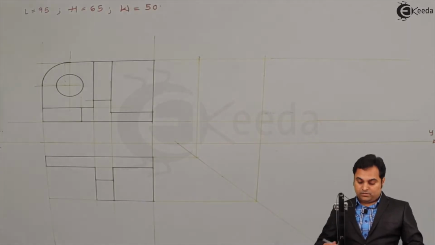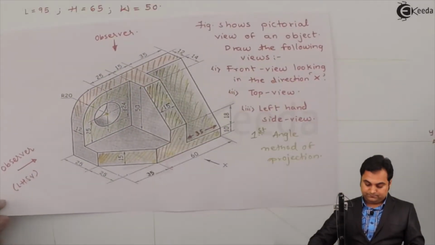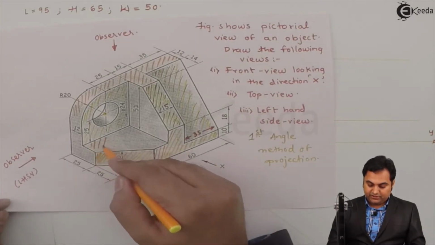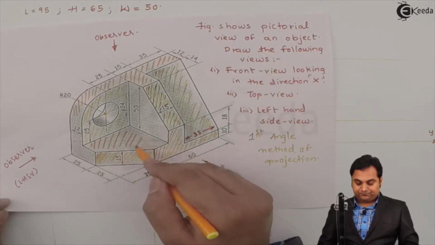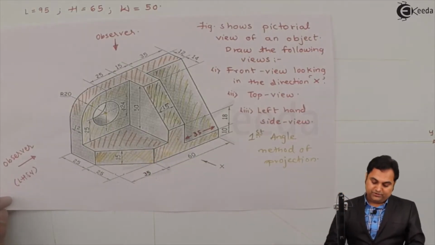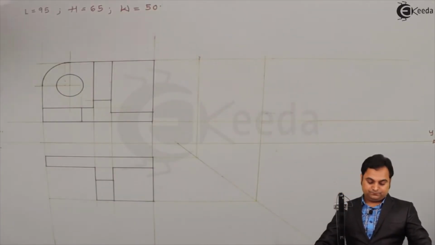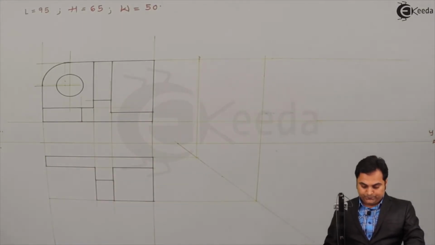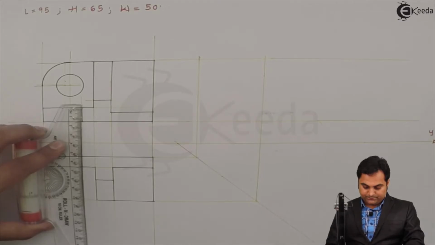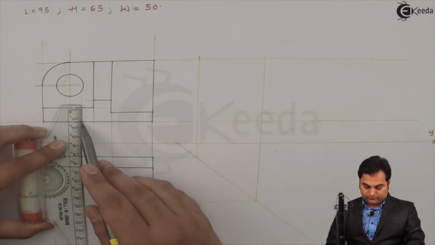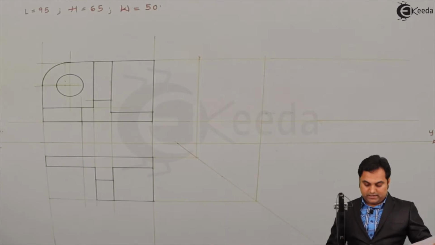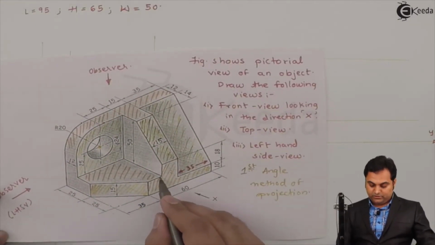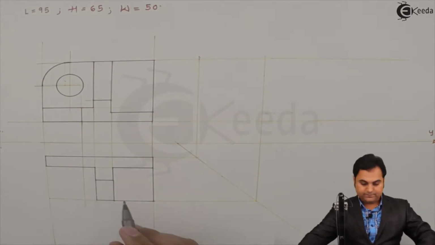Then looking from top, even this portion, this surface which I am shading, it is visible. So I have to draw the surface, and for that I need to get the length from the front view. So I'm getting this length from the front view, and when I'm looking from top, here this line, horizontal line, is visible, so it will connect this surface.